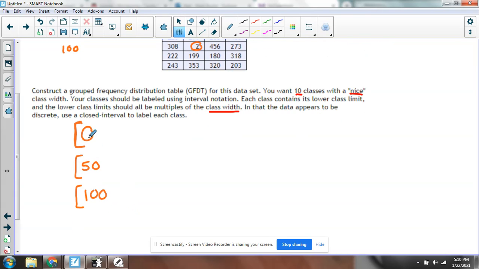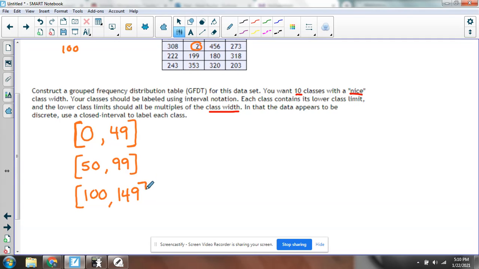So if this interval starts at 0 and the second one starts at 50, this interval is going to go up to 49. We're going to put a right bracket on that, and you separate them with a comma. If you don't use square brackets and a comma, it's going to mark it wrong. The second interval goes from 50 to 99. The next one will start at 100, the one after that will be 150, so this will go to 149.